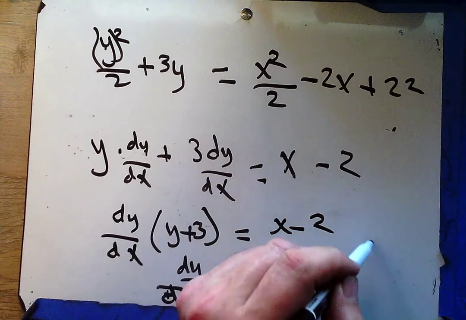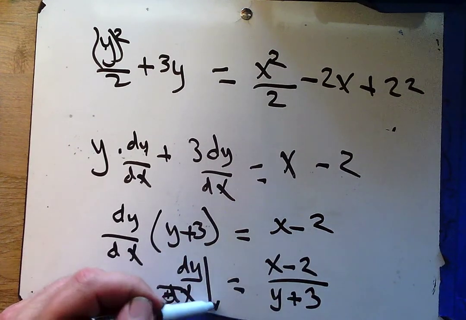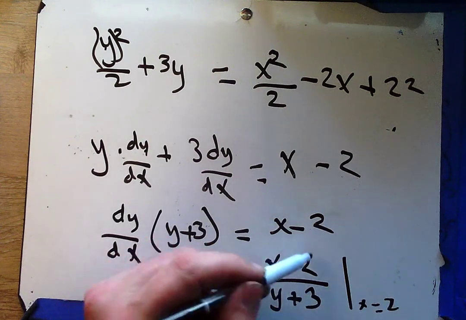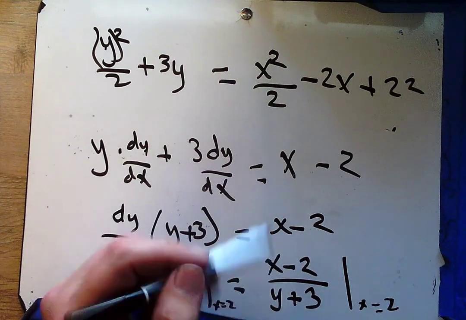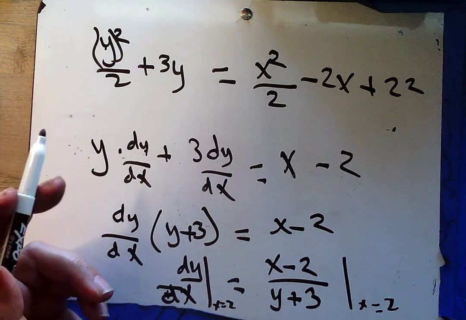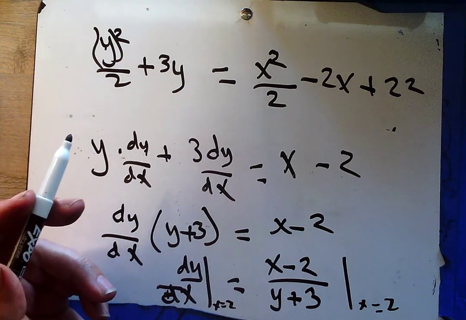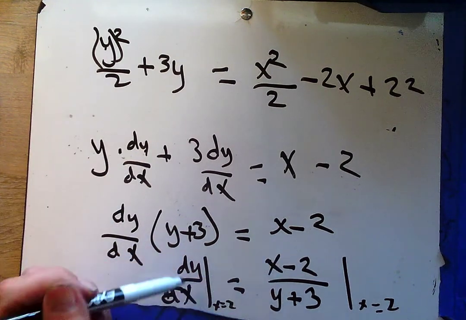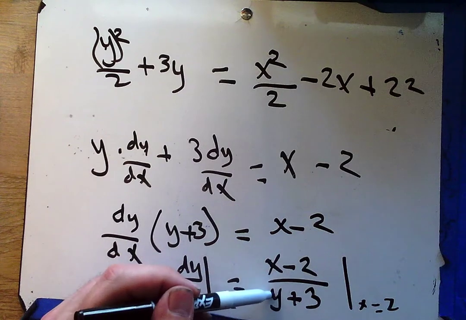And I know that if I evaluate at x equals 2, 2 minus 2 is 0. So I have a 0 slope. Well, that's great. But now what? How do I check the other sides? Because my derivative has not just x's, but y's in it as well.